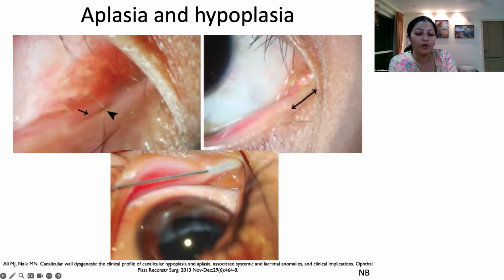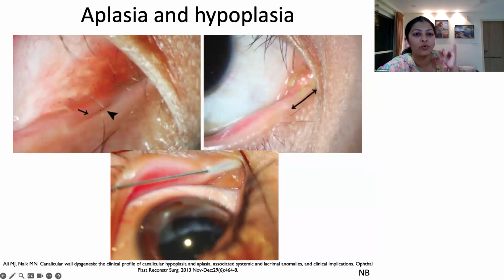It is important to recognize this condition because here, as you see, the canaliculus is not completely covered with all the layers that it is supposed to be covered with. The muscle layer is missing in all of these cases. When the muscle layer is missing, the lacrimal pump function is affected. It is not absent, but it is affected.